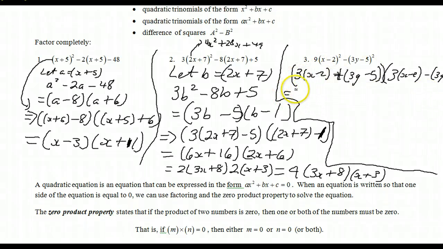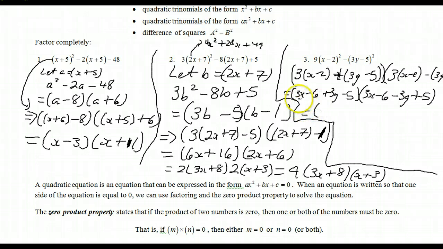So this will be 3x minus 6 plus 3y minus 5. This will be 3x minus 6 minus 3y, and then a plus 5.